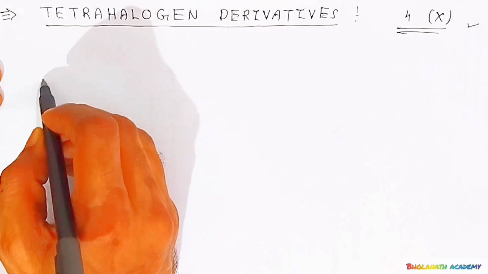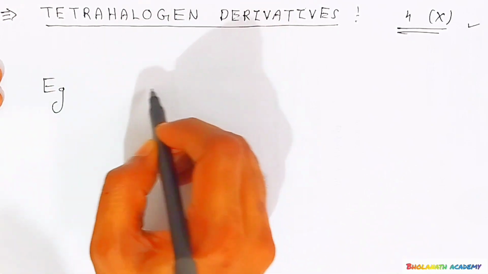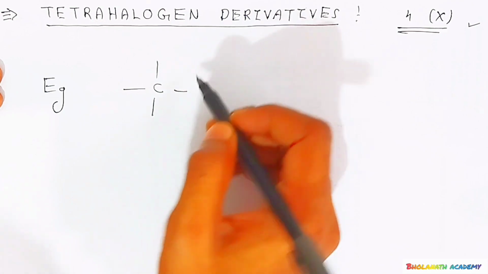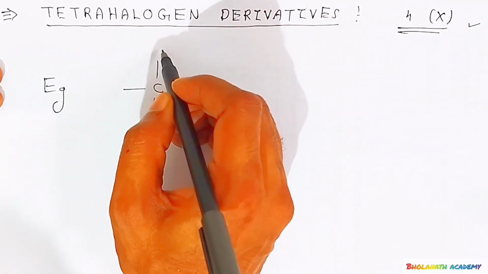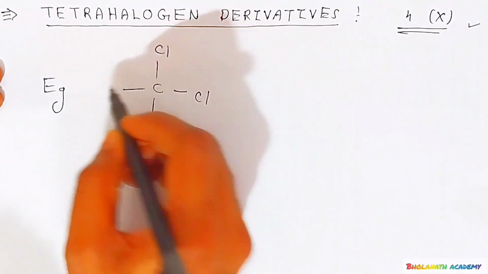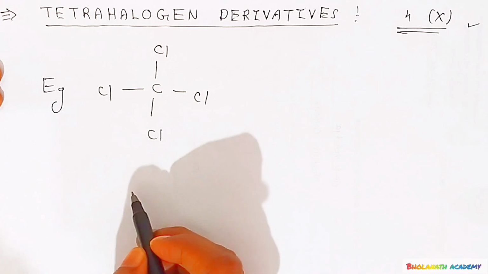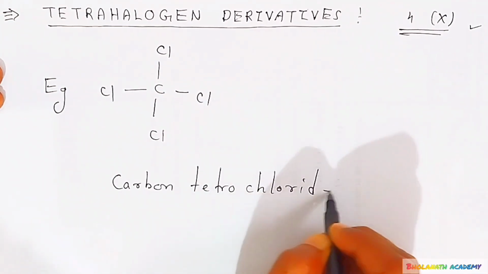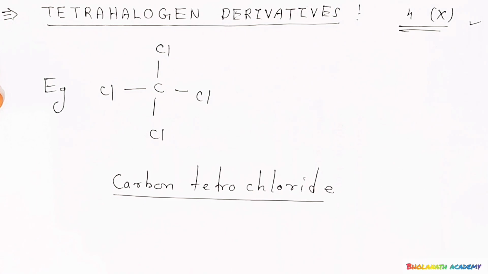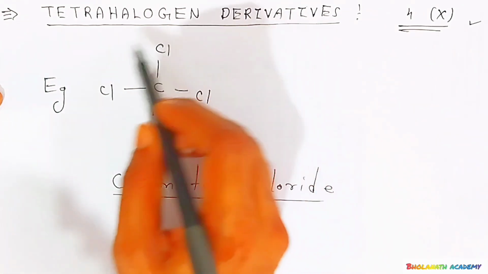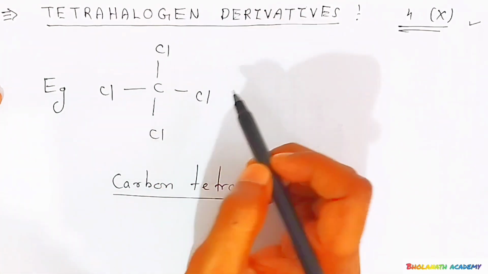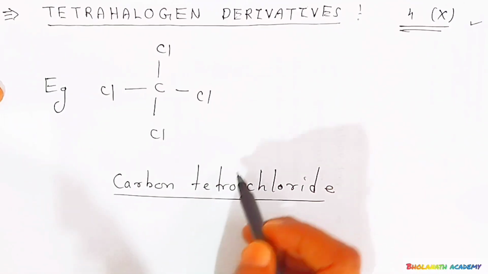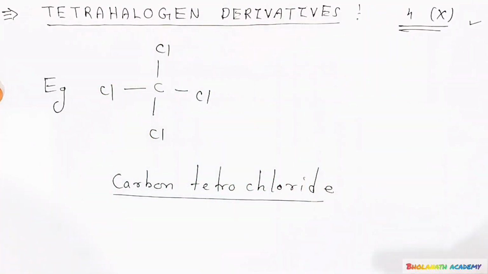Very famous example, students: this is the carbon, and if all the hydrogens of methane are replaced by chlorine atoms, chlorine being a halogen, the compound obtained is called carbon tetrachloride. And this is the example of a tetrahalogen derivative.